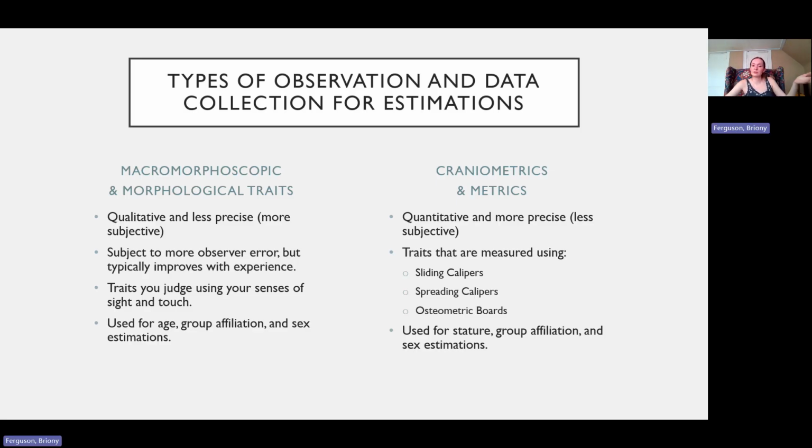Now, when we move on to metrics, these are going to be quantitative. They are more precise. They are slightly less subjective because you're measuring something. So, there's less ways to be biased in that way. However, it's not necessarily more accurate.